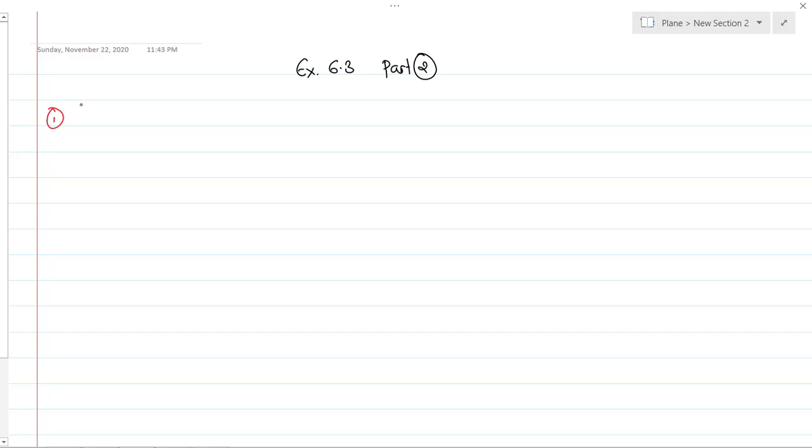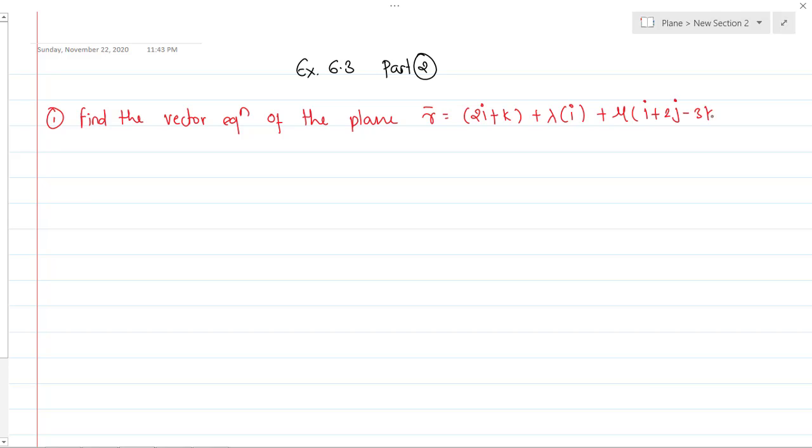Find the vector equation of the plane r bar is equal to 2i plus k plus lambda into i plus mu into i plus 2j minus 3k in scalar product form.